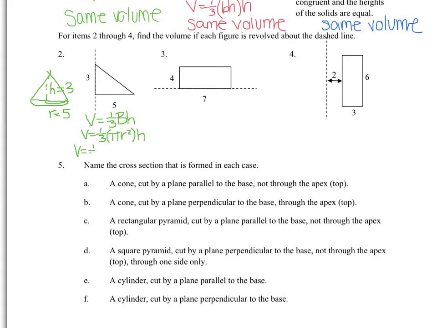So volume equals 1/3 pi times 5 squared times 3. Well, 5 squared is 25, and 3 times 1/3 is going to be 1. So this volume is going to be 25 pi, which rounds to about 78.540.